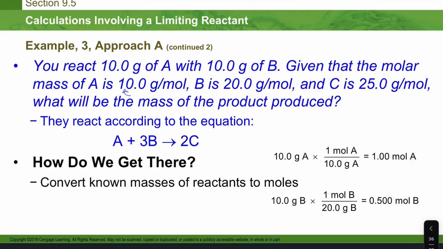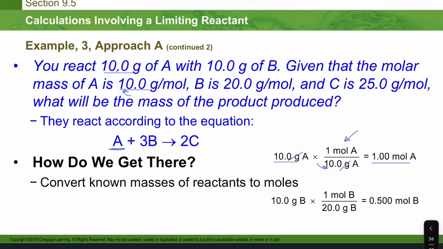The way that we'll start is we'll pick one of the reagents, A, and we'll start with the amount of A that we have. We have 10 grams of A, so 10 grams of A will go here. The molar mass of A is 10 grams per mole, so the grams are going to go on bottom because we need to cancel out units, and we will get 1 mole out.